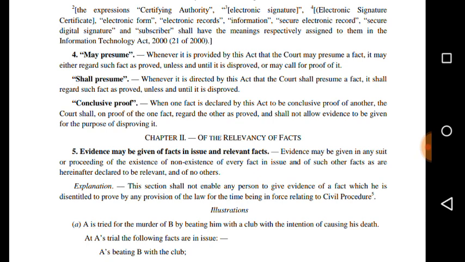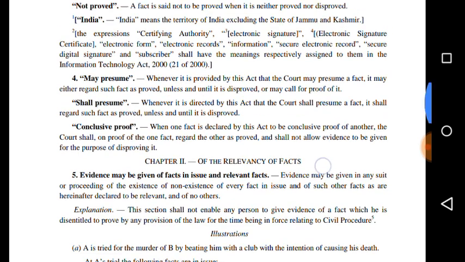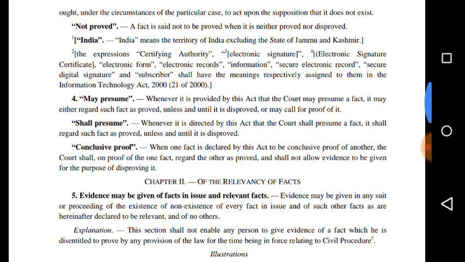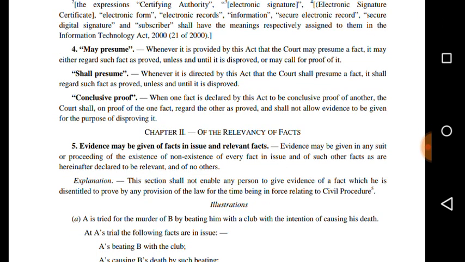Then comes section 4. Section 4 provides three expressions: may presume, shall presume, and conclusive proof. Don't make any mistake here. Section 3 provides certain definitions, but section 4 only provides the definitions of may presume, shall presume, and conclusive proof.